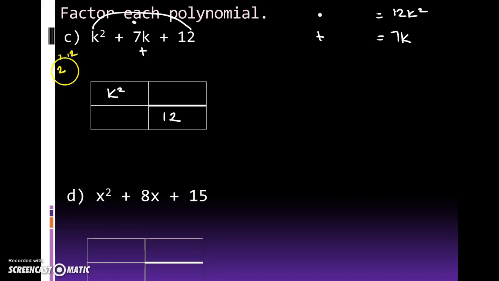Then 2 times 6, that's 8, not 7. Then 3 times 4. 3 plus 4 does give me 7, so I think I have a winner. 3k times 4k is 12k squared. 3k plus 4k is 7k. So those work. I'm just double checking myself to make sure I'm good.